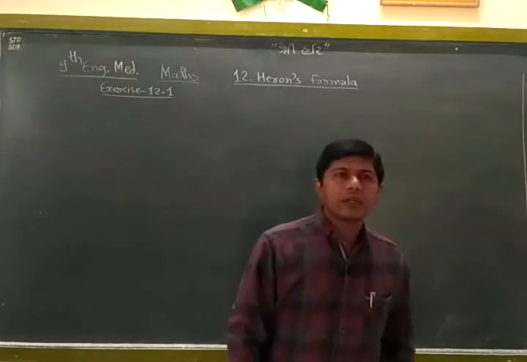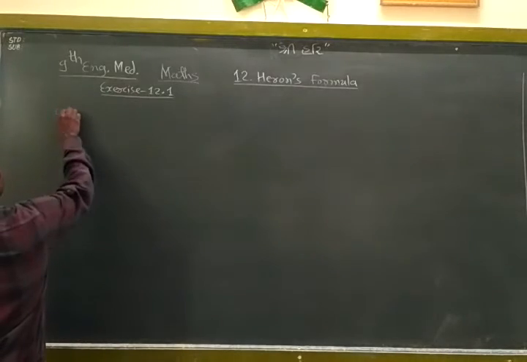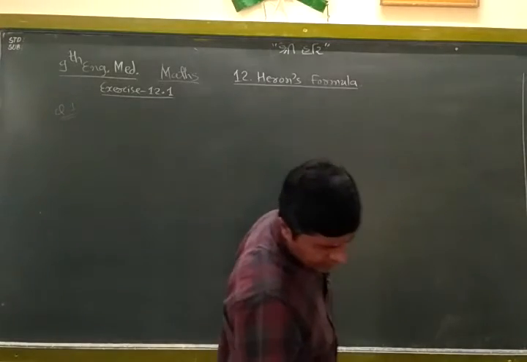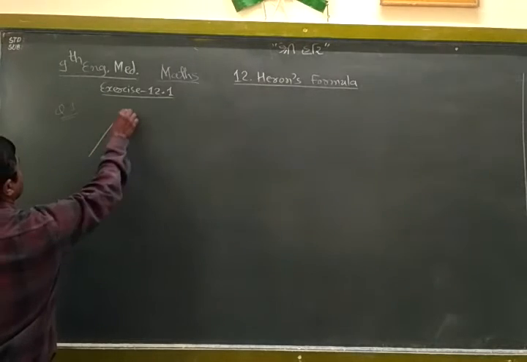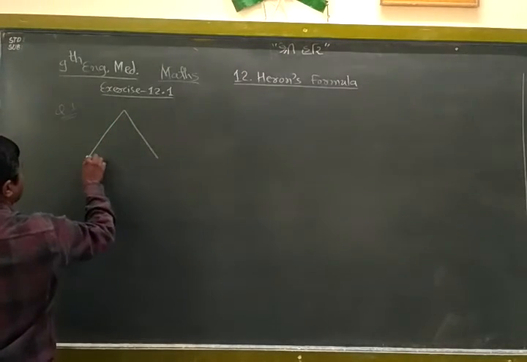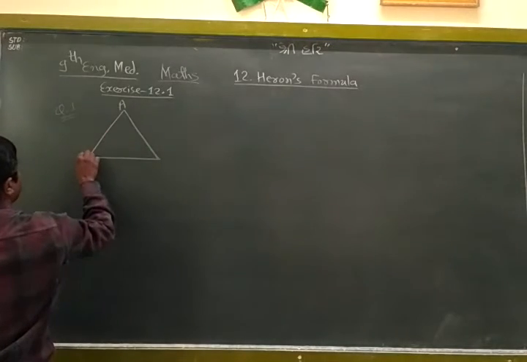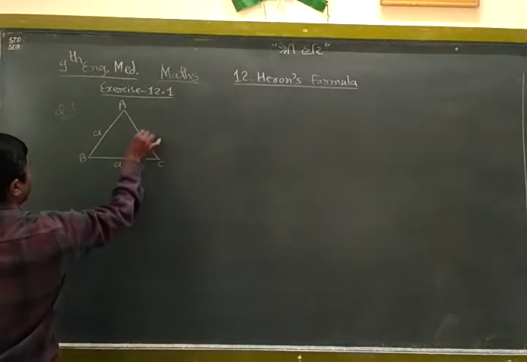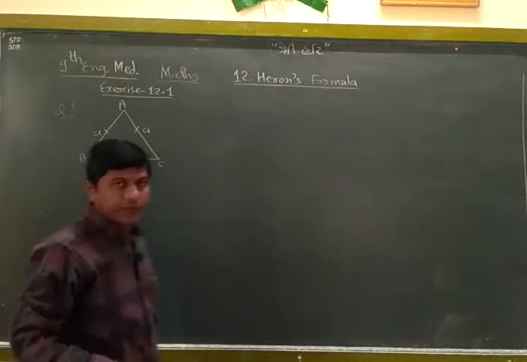Here given the equilateral triangle, question number 1. Okay, equilateral triangle given, it means all sides are the same. This is a traffic signal, triangular shape, side A. Equilateral triangle, all sides are the same.